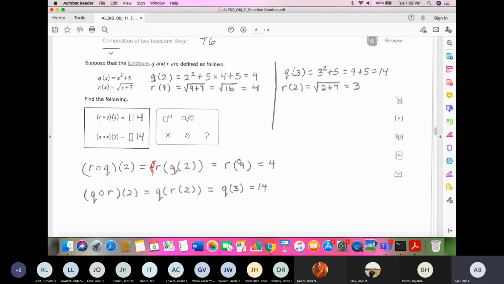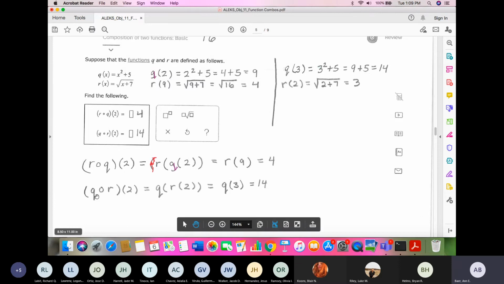Let's do the other one. We have another one to do here. Q composed with R at X equals 2. Q composed with R is your Y. You want the y value of the Q composed with the R function at x equals 2. All of this is acting like y here.